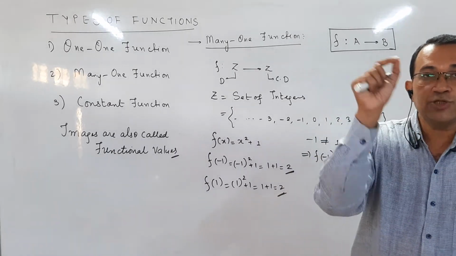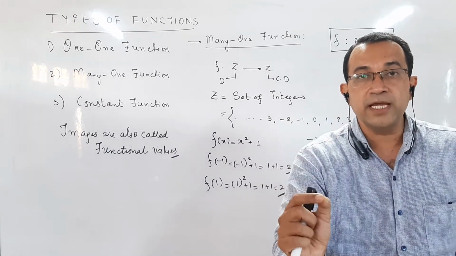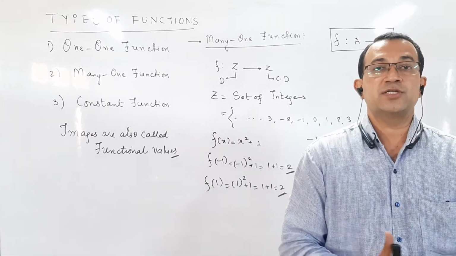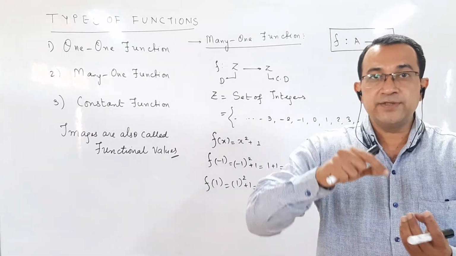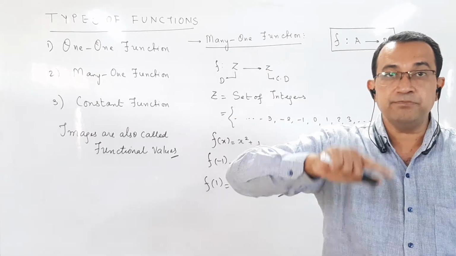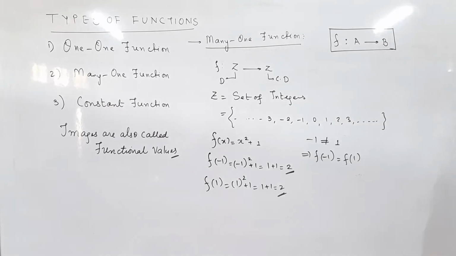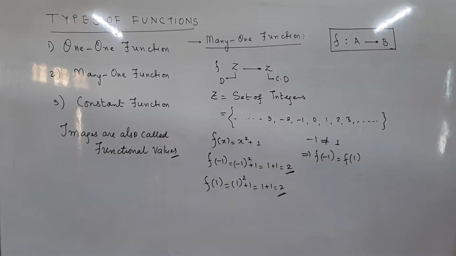So for any two distinct elements of domain, if their images are same, then such a function is called many one. And if their images are not same, means different, then such a function is called one-one function. Clear, students? All of you understood?